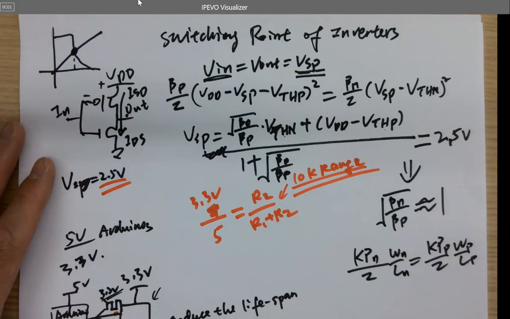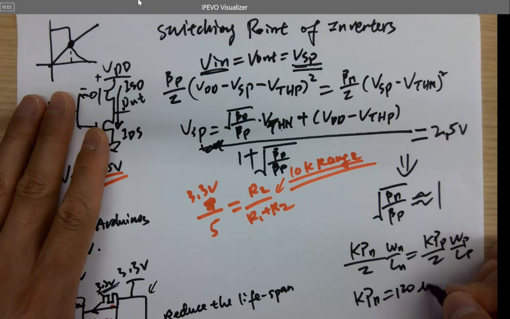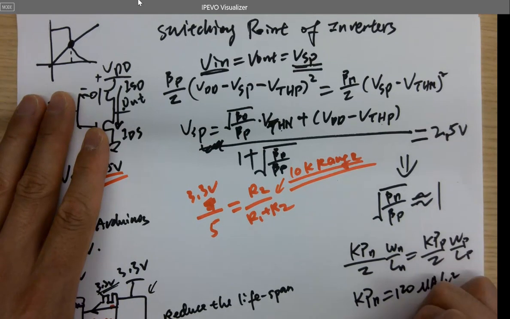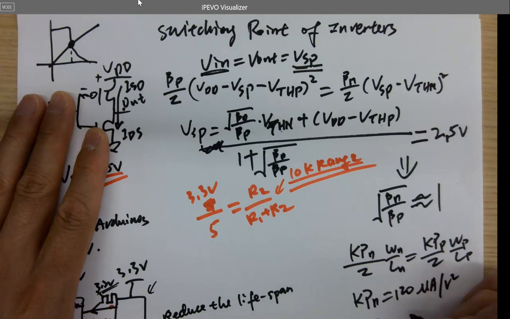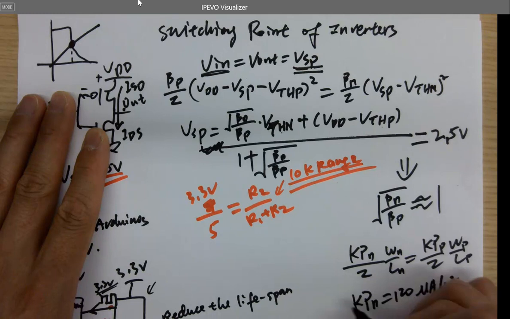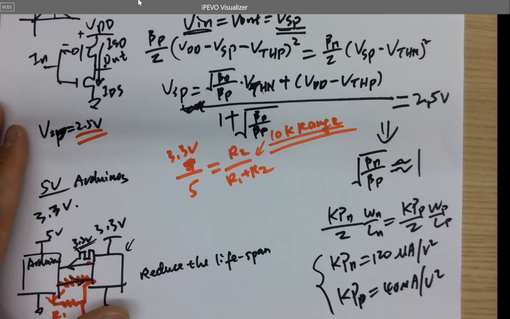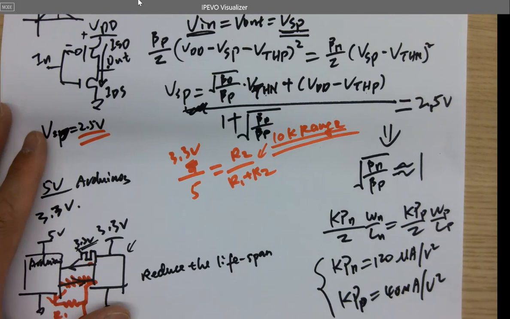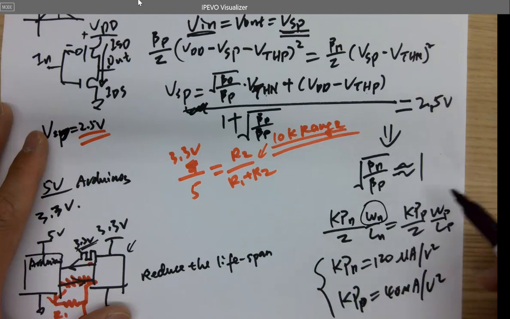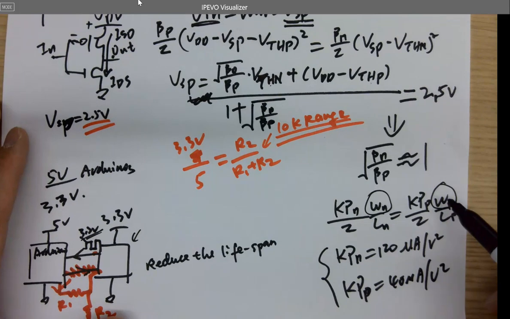Okay? And KPN equals 120 microamps per volt squared, and KPP equals 40 microamps per volt squared. That's from the textbook, okay? And in this way, we can find out the values for WN and WP in order to make it switch at 2.5.